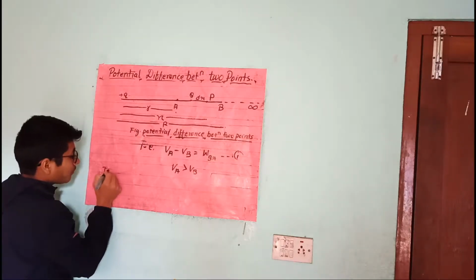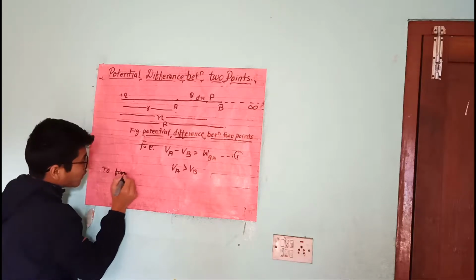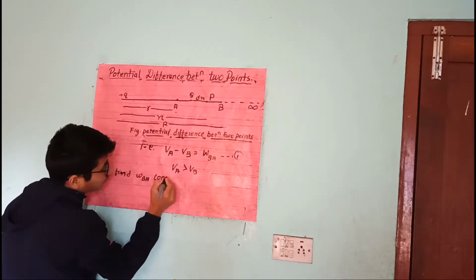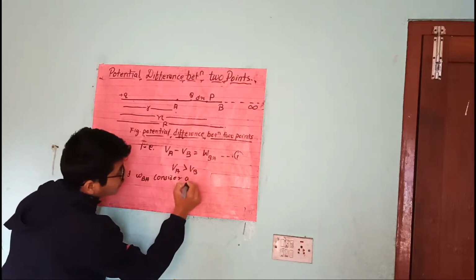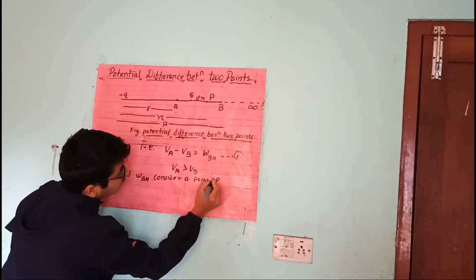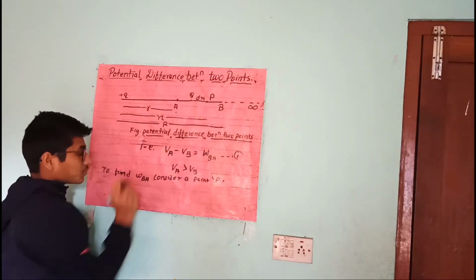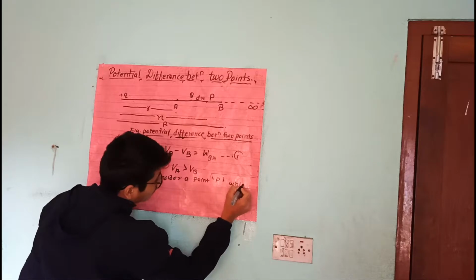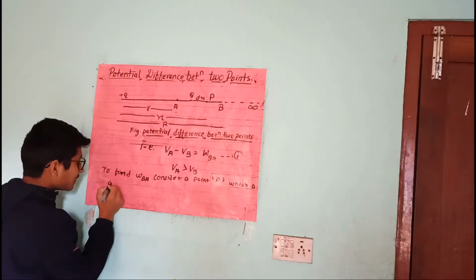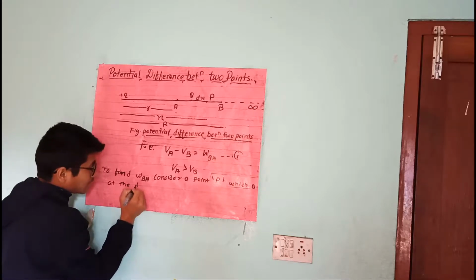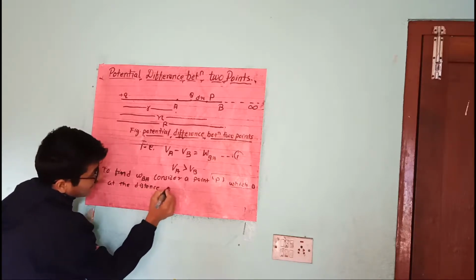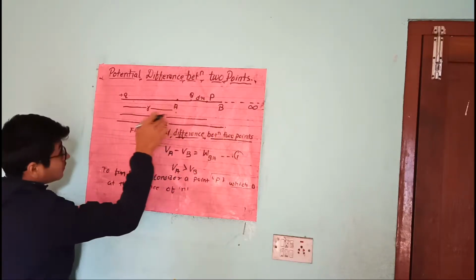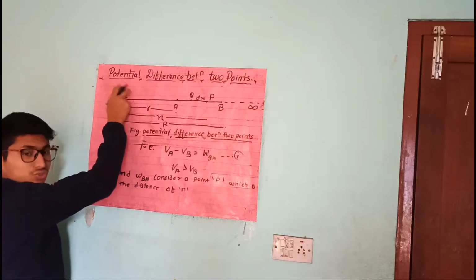So to find the work done W BA, we have to consider a point P on that line. Look here, this is the point P, which is at a distance of x from the source charge.